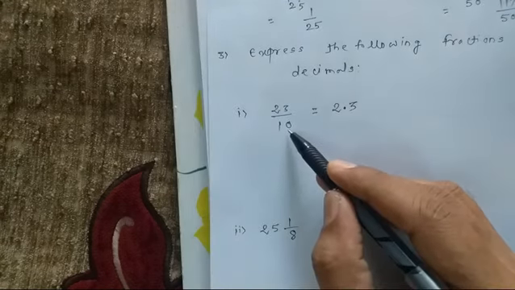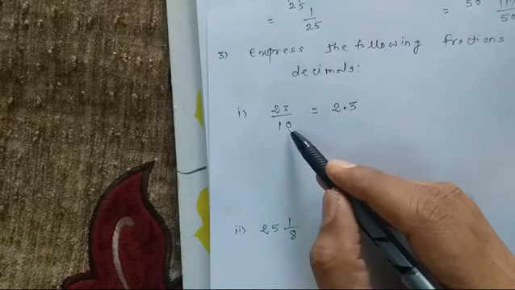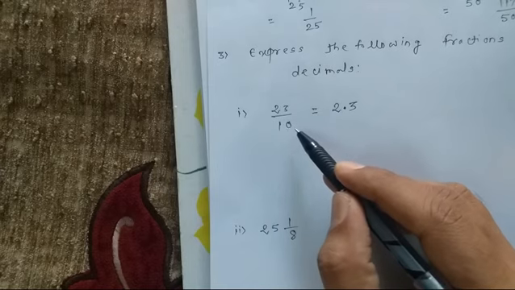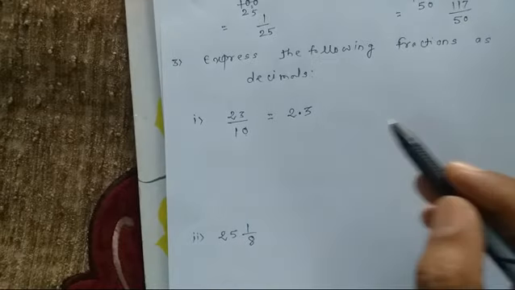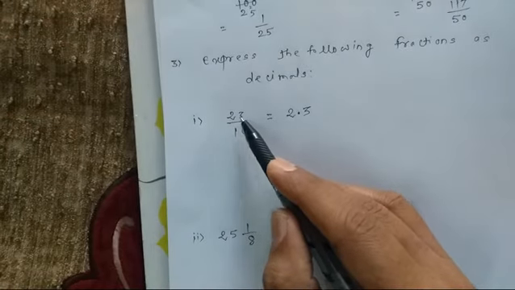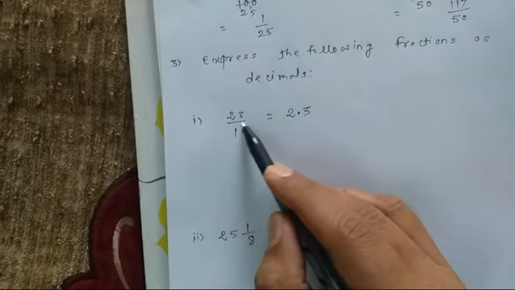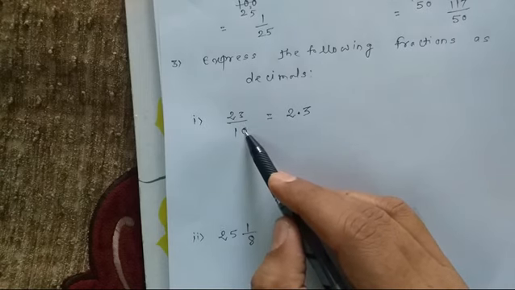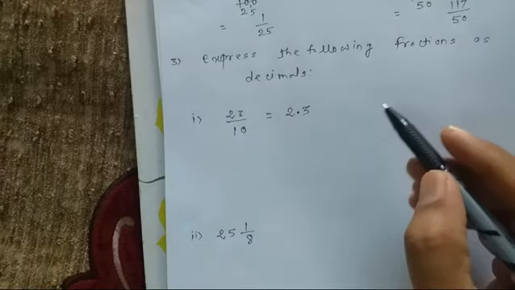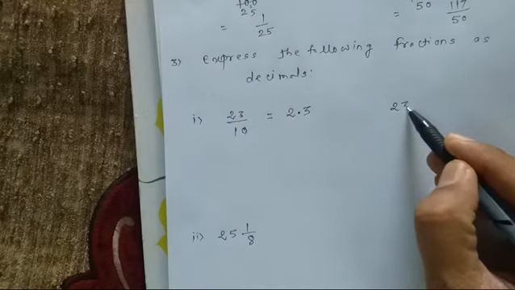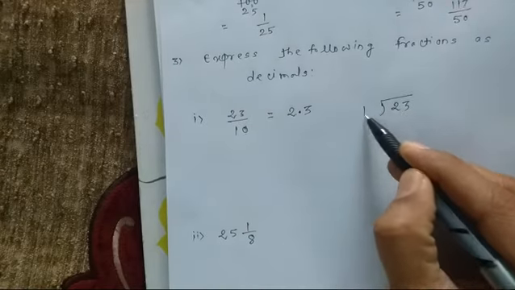Or suppose there is another number instead of 10 or 100, like 2, 5, 7 or 11 or 23, any other number, then how can we convert this? See here, there is a numerator, in between there is a bar, and then the denominator, means we have to divide the numerator by the denominator. See here, we have to divide 23 by 10.